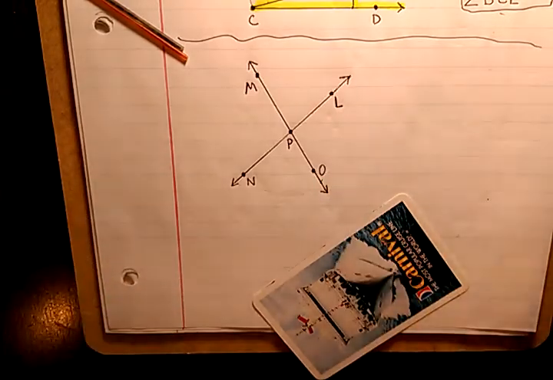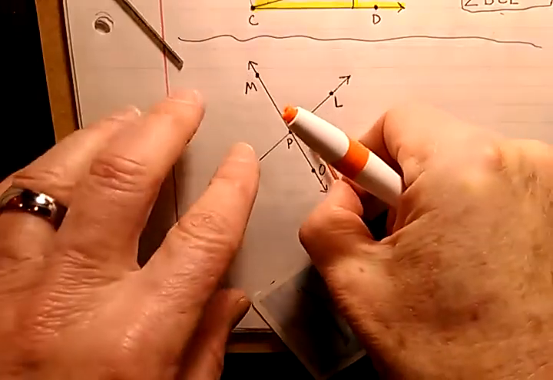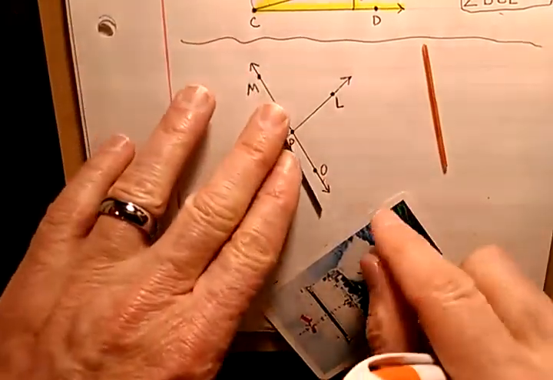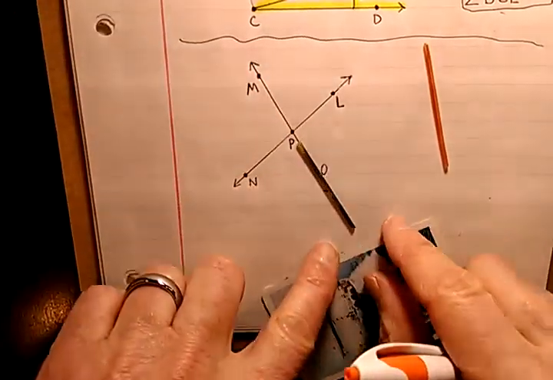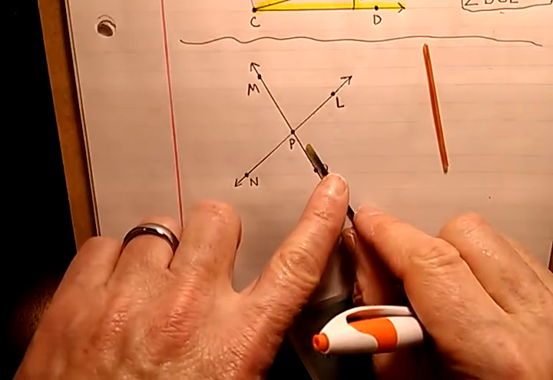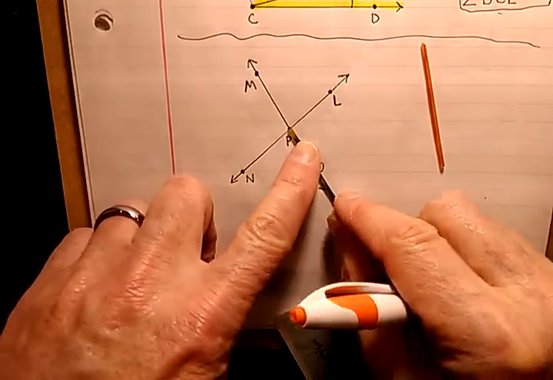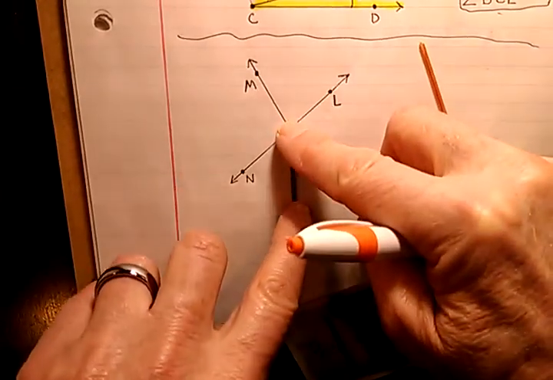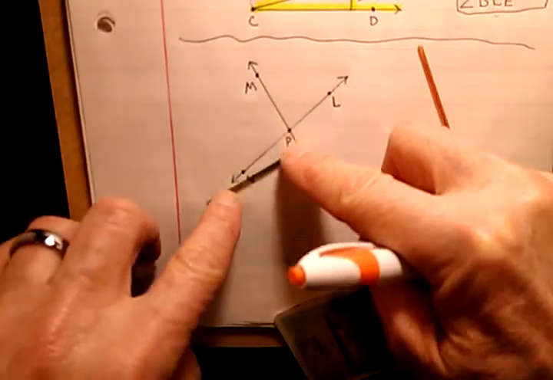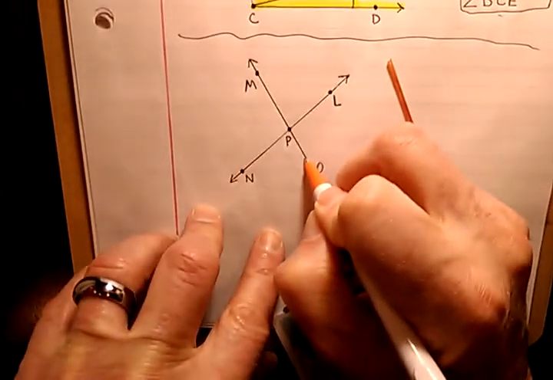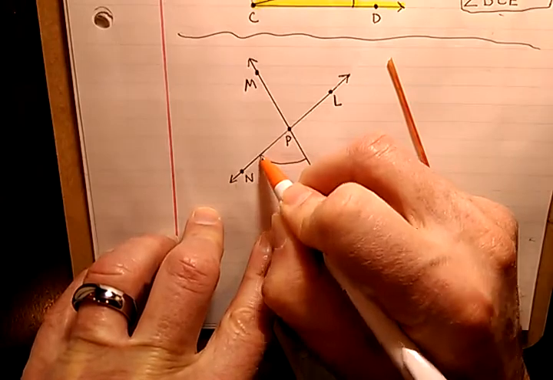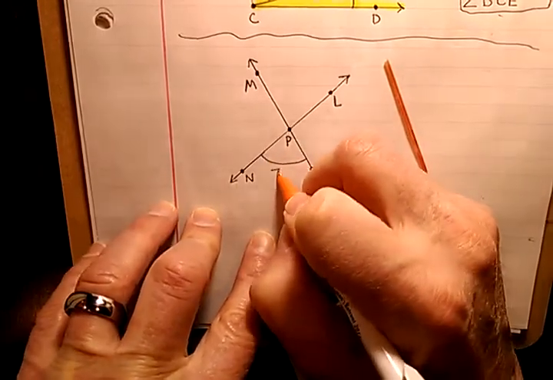Okay, we're going to say that the rotation of the ray from PO rotating around to PN forms a part of the circle, and that rotation is 75 degrees.